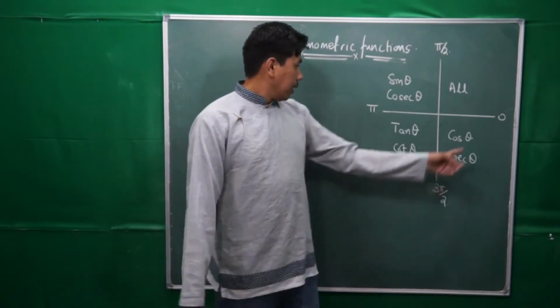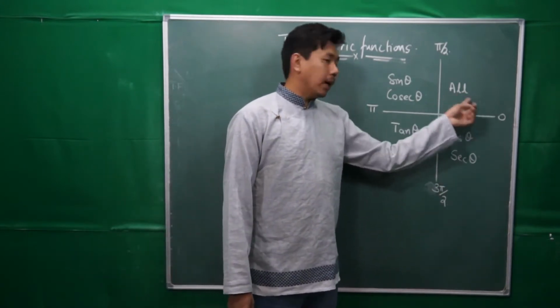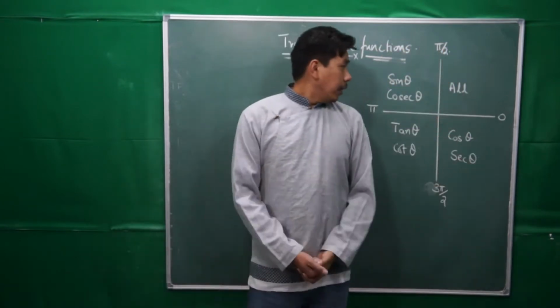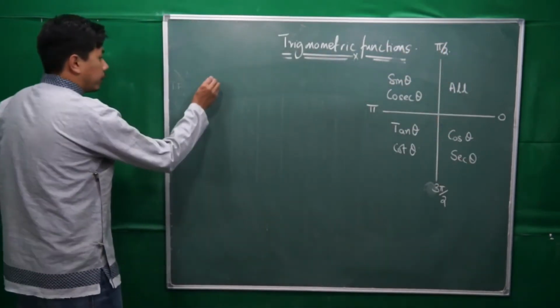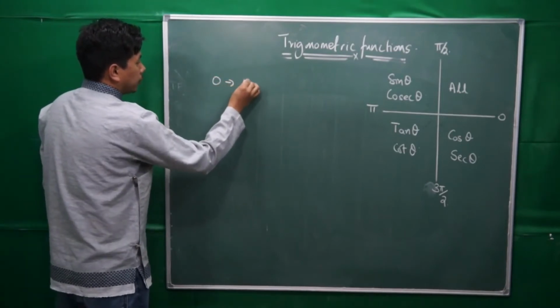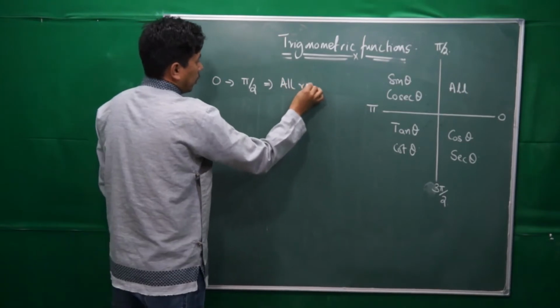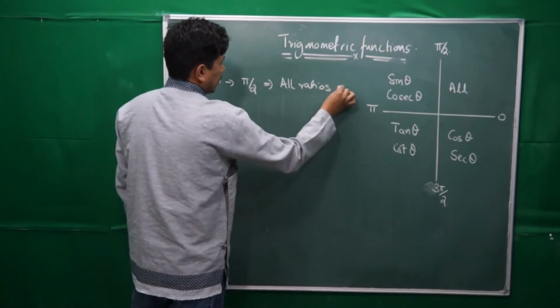The reason being, all the trigonometric ratios are positive in the range 0 to 90 degrees. We will write it from 0 to pi by 2.